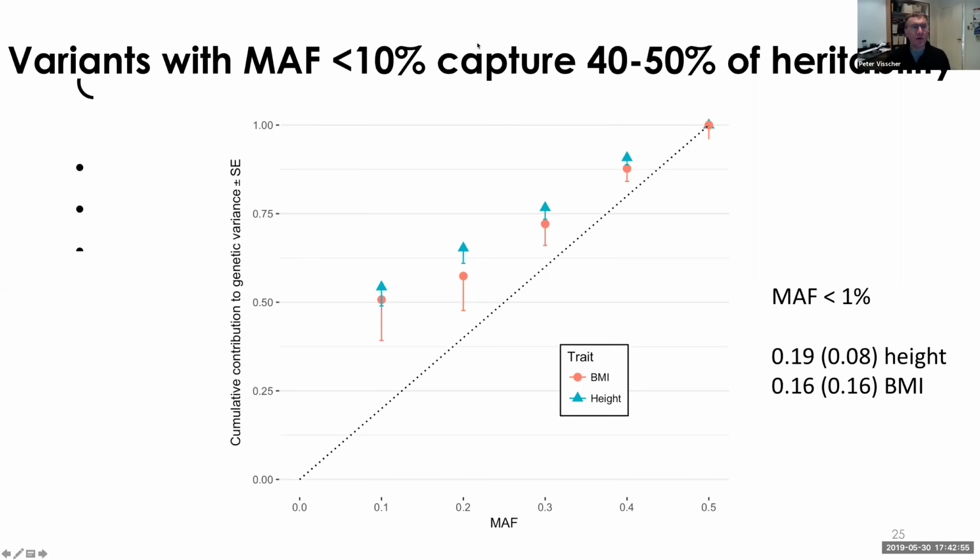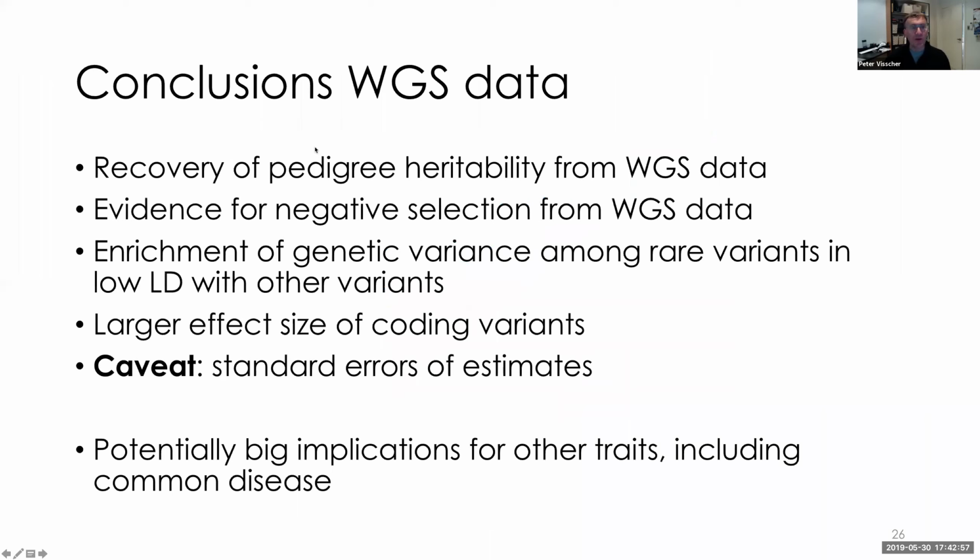So in conclusion, from the data and the analysis we performed, we seem to have recovered close to the pedigree heritability from whole genome sequence data on unrelated individuals. We find, as we and others found before, strong evidence for negative selection, meaning that variants at lower frequency on average cumulatively explain more variation and have bigger effect sizes.